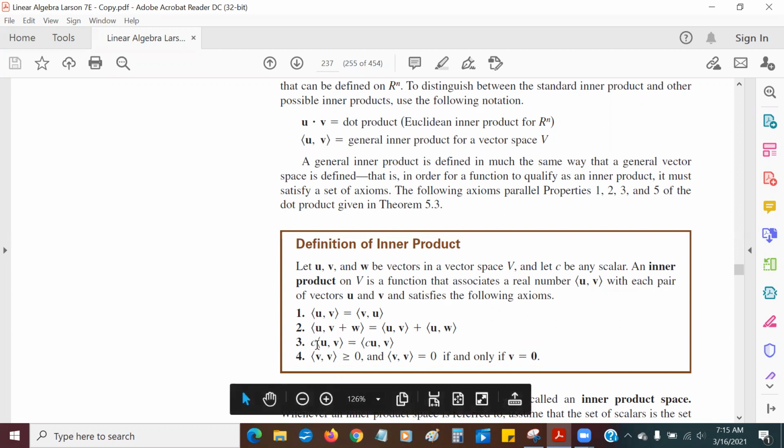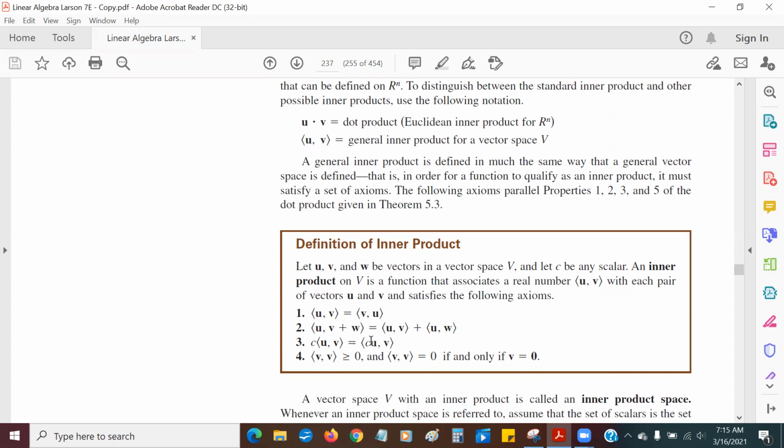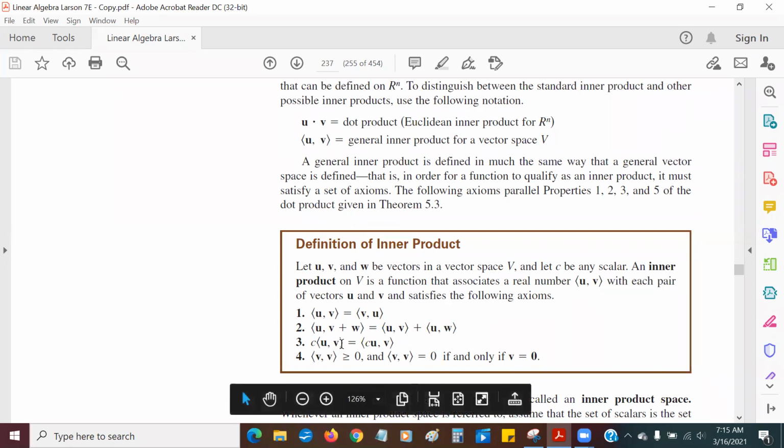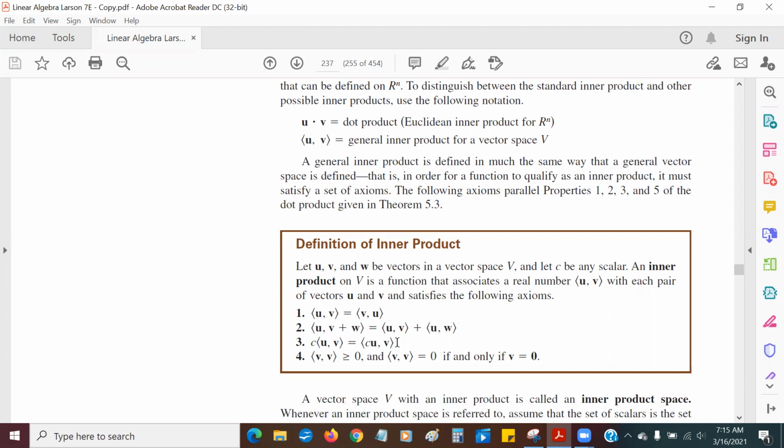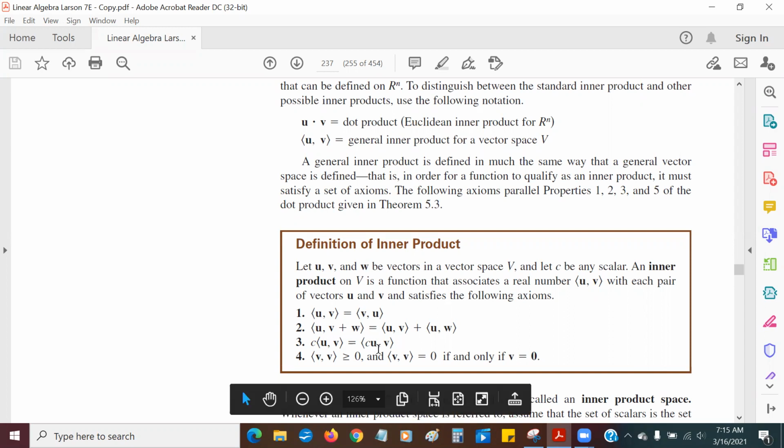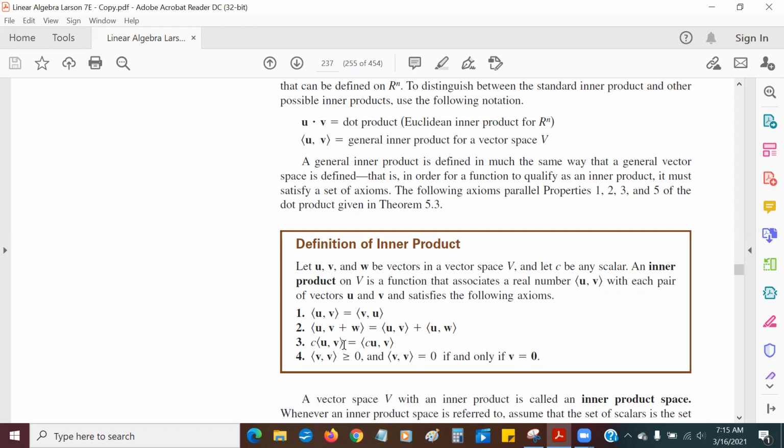Now, C times this product U comma V is the same thing as CU comma V. Now, that's really important to distinguish. When I multiply a scalar times a vector, the scalar gets distributed into all the components. You see what I'm saying? But U comma V here is not a vector. It's an inner product, which really means it's just a real number.